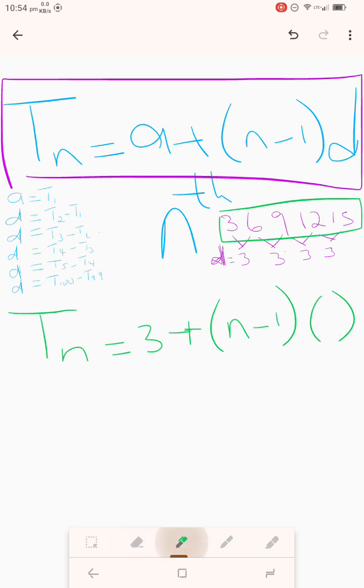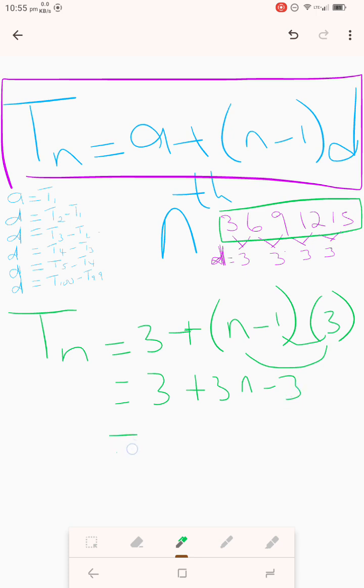So now let's make our general term. We're going to have 3 plus, and now in the brackets we are expanding. It's 3 multiplied by n and 3 multiplied by minus 1. 3 multiplied by n, we're going to have 3n, and 3 multiplied by negative 1, we're going to have minus 3.